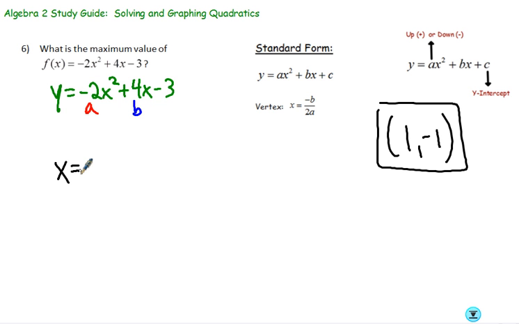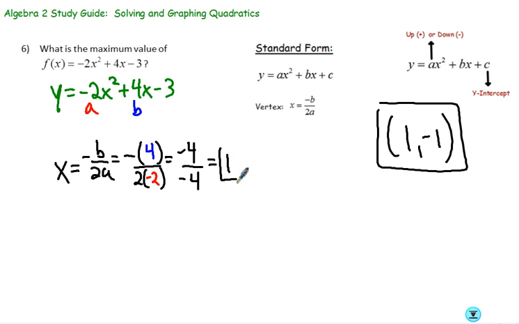So x equals -b over 2a, which would be a 4 there for my b, over 2a. The a is a -2. And so let's simplify that. So -4 divided by -4, which would be a +1. So that's where we got the +1 from right there.